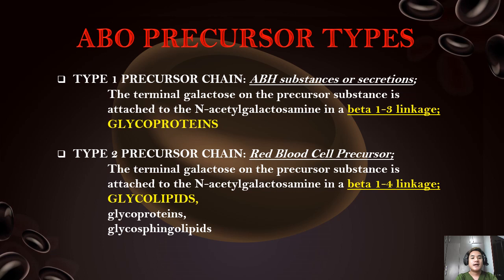The question asked was on the differentiation of the precursor chain types as to glycoproteins and glycolipids. And to make it more retention specific, just remember that type 1 is glycoproteins and type 2 is glycolipids as keywords respectively.